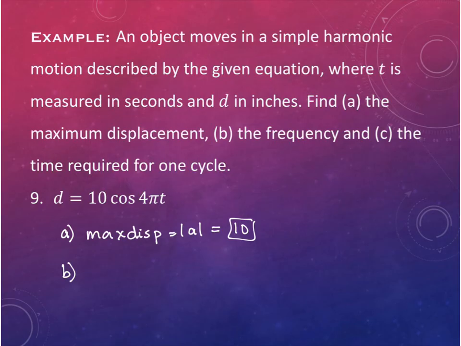B asks us to find the frequency. That's not a word we've looked at, okay? The frequency is how quickly it repeats itself, right? It's kind of like period, all right? So frequency is actually found with the formula F equals omega over 2 pi. Now that should look familiar. What does it look like?